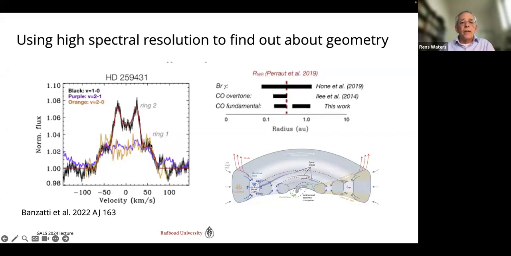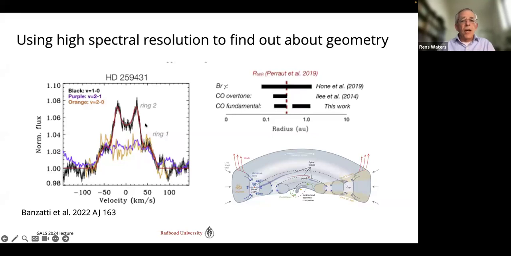You can see one ring there of gas, and then the other lines of CO probe a rotating ring of CO gas at a lower velocity, because the peaks are closer together. And so you can interpret this as a disk with two rings of CO gas, located at a few tenths of an astronomical unit, and the second one at 1 astronomical unit.